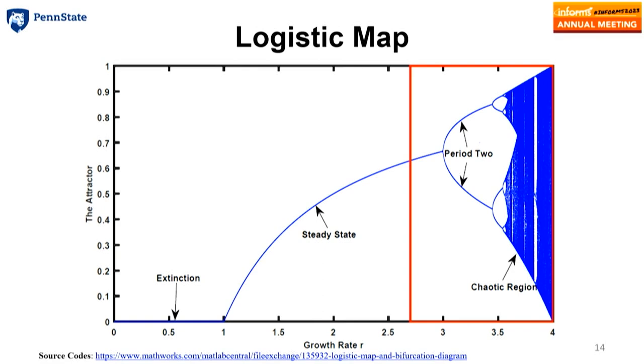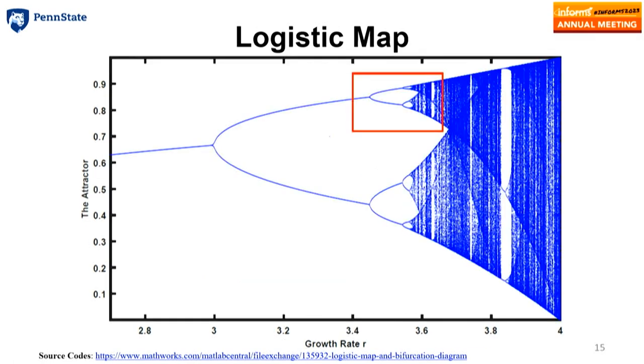There's a red rectangle over here, so let's zoom in to see the long-run behavior. This is a zoomed-in version from approximately 2.8 to 4. As we can see, if we zoom in, we see a very similar picture as before.